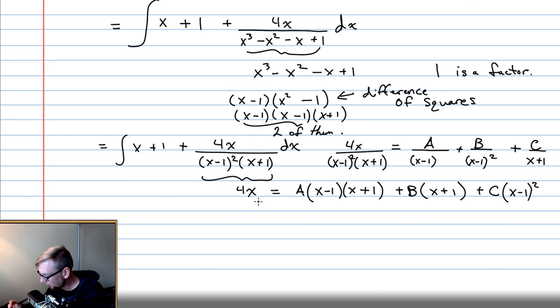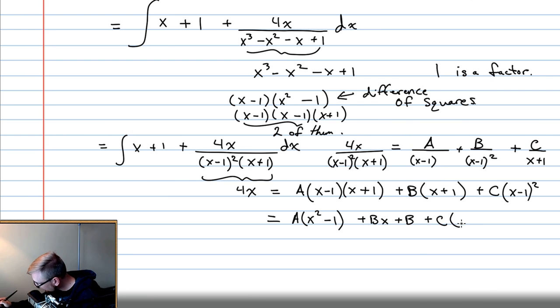Which is fine, it's not that big of a deal. So let's multiply it out. x times x is x squared, and plus x minus x cancel out, so we've got x squared minus 1. Plus, I'm going to write this out, bx plus b, and then c times (x squared minus 2x plus 1).